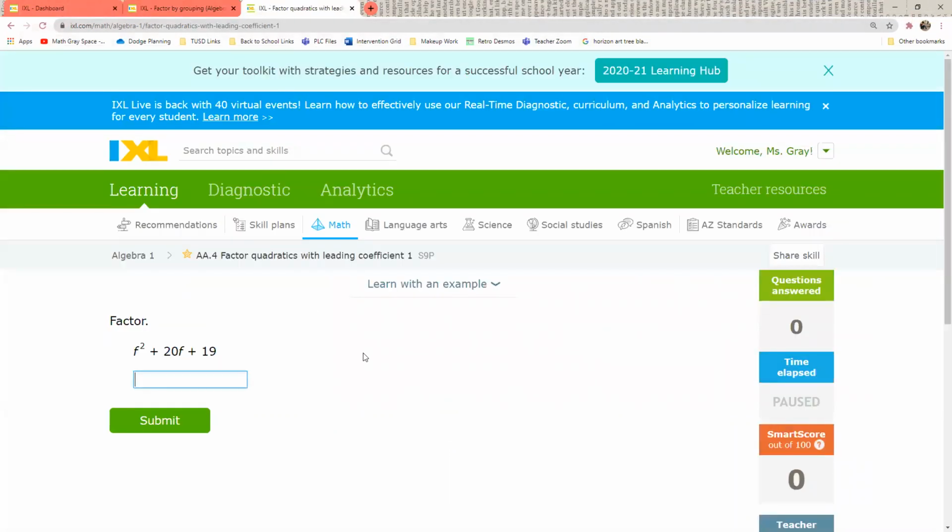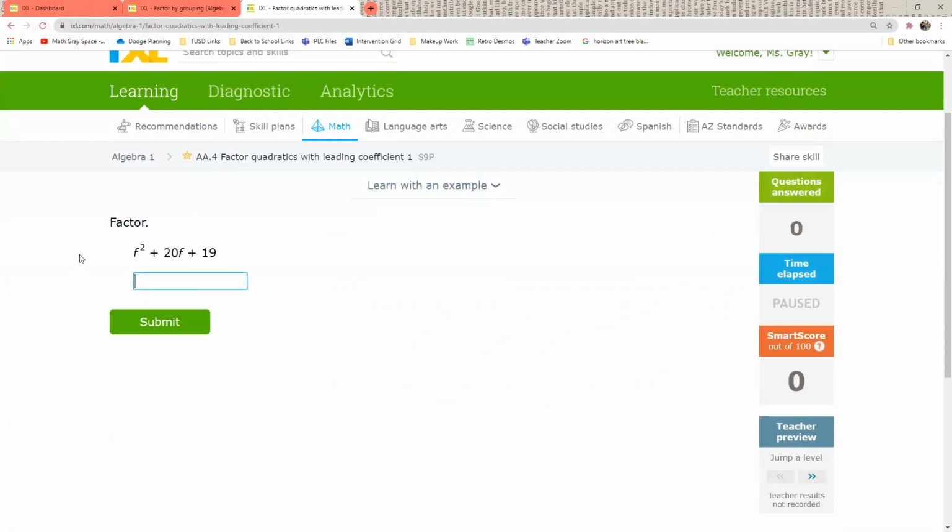Okay, so the next topic is factoring quadratics when they have a leading coefficient of 1. And so I told you that we were eventually going to do something where it has a leading coefficient that's not 1. So let's grab a screenshot.